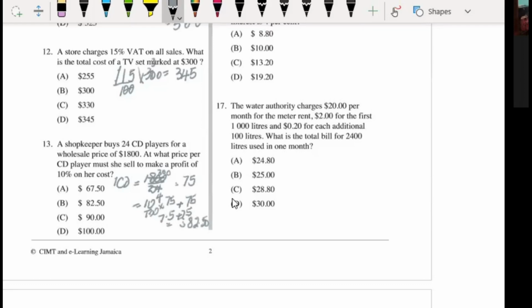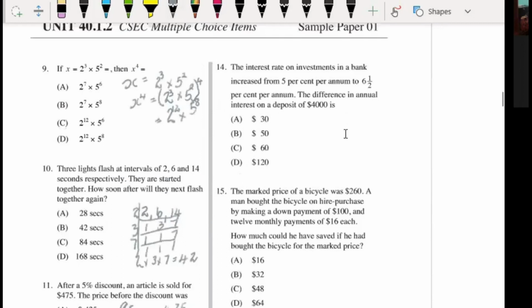Now we are moving to question 14. The interest rate on investment in a bank increased from 5% to 6.5% per annum. The difference in annual interest on a deposit of 400 is, all right. All I have to do to find out is 1.5% of 400.